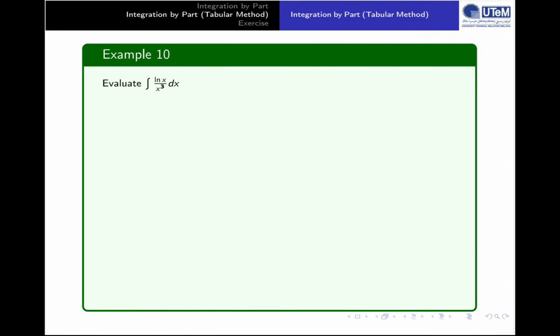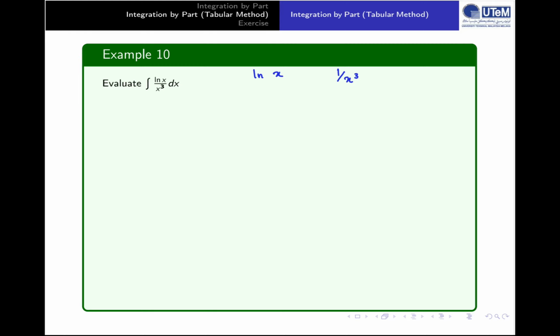Next, example 10. Example 10: evaluate the integration of ln x divided by x cubed dx. So in this case, remember, you have ln x and 1 over x cubed.